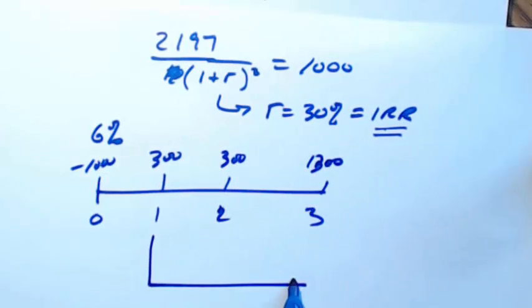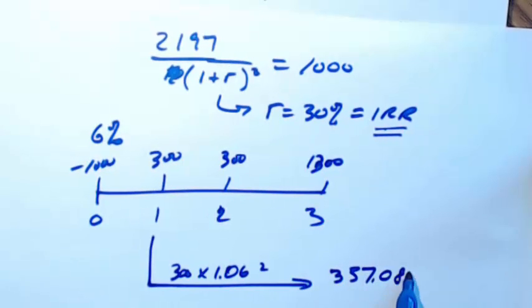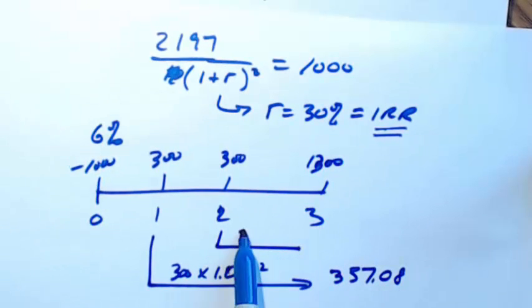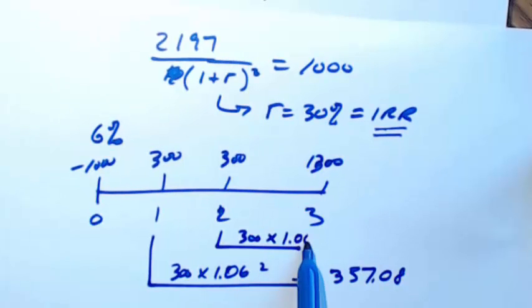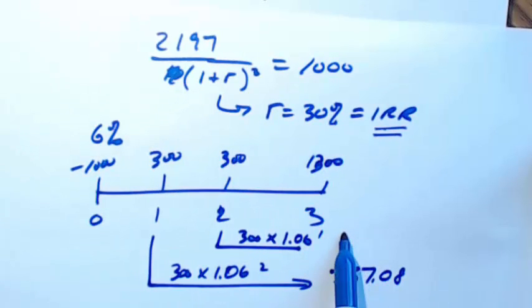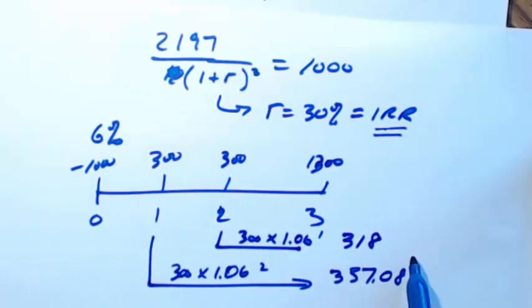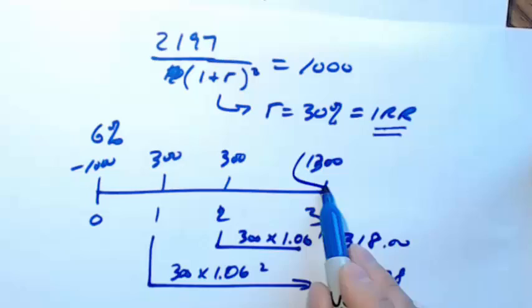So take the first cash flow, grow it at 6% for 2 periods, it comes out to be 337.08. Second cash flow, grow it at 6% for 1 period, comes out to be 318.00, and then add the 1,300.